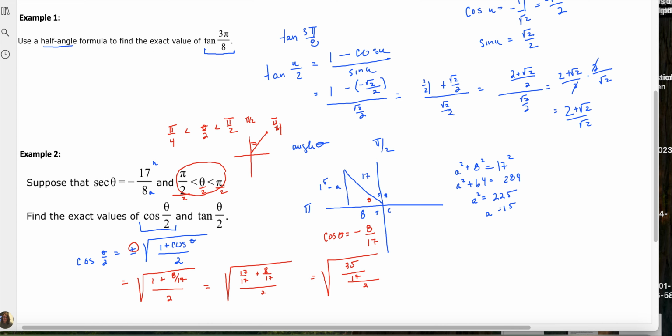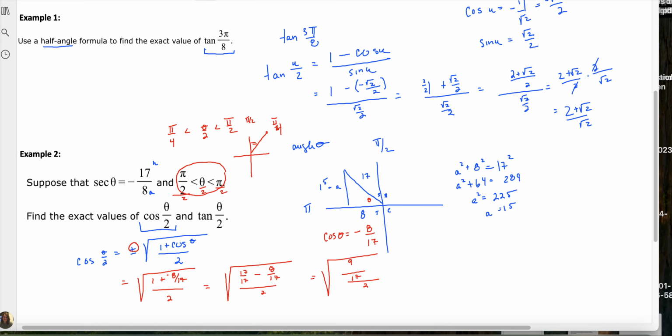I think we're supposed to subtract, and why aren't we? Let me fix that. That should be, right, that's negative. So let's just go back. Let's backtrack a second. So cosine, like I said, is negative 8 over 17. So this should be minus 8 over 17. Sorry about that. So this should be 9 over 17.